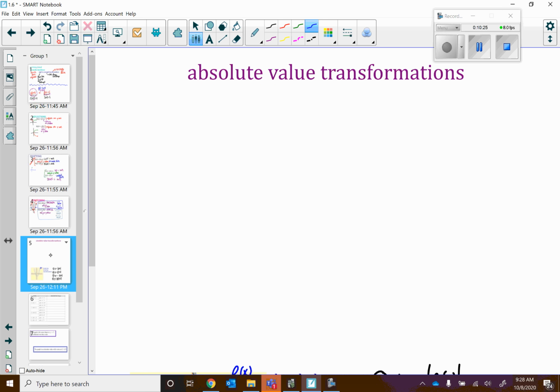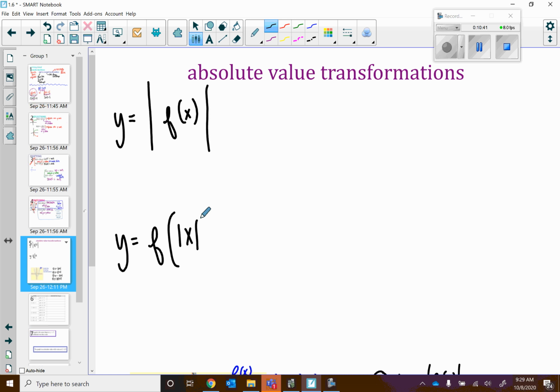Then last but not least for these notes is absolute value transformations. So there's two different absolute value transformations. We can do the absolute value of the function, or we can do f of the absolute value of x. So of course the same general idea is happening here, where it's either acting on x values or y values. In this first case, I'm taking the absolute value of all my y values.